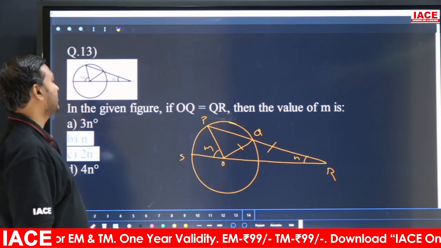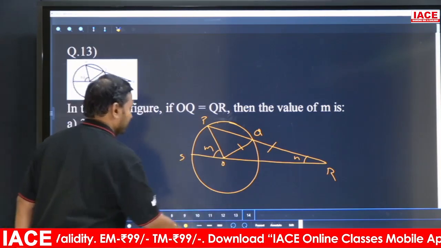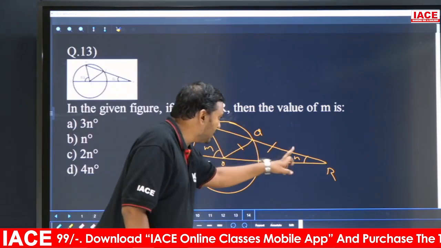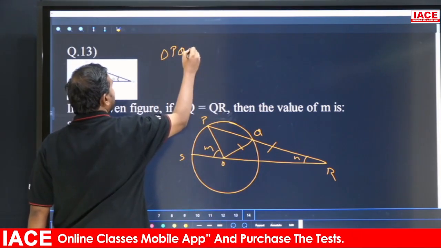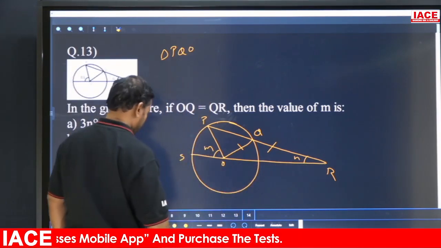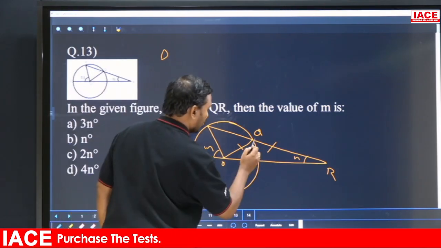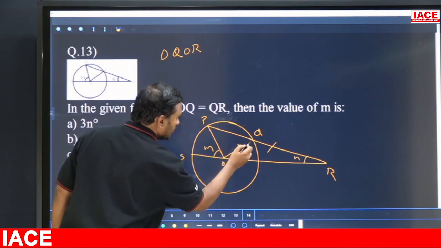Then find the value of M in terms of N. That means we have to get the relation between M and N. One thing, just see, triangle QOR is a which triangle?